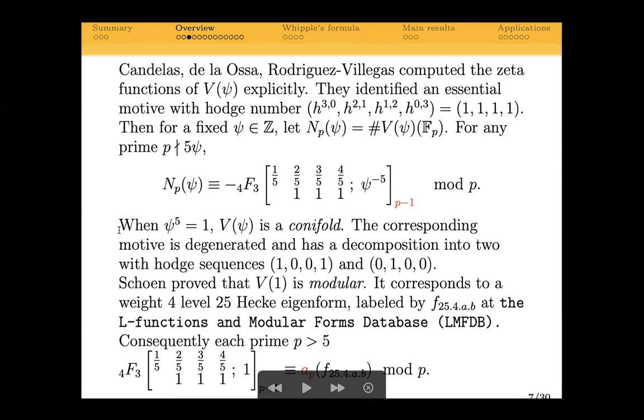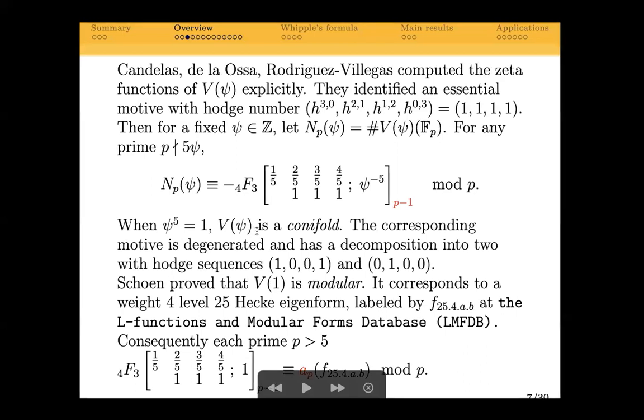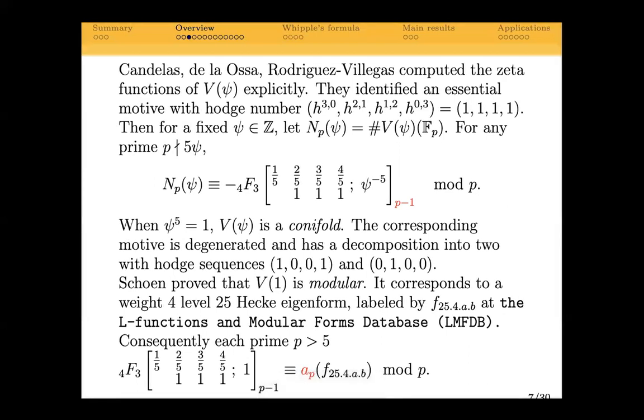In particular, when the fiber satisfies the condition that psi to the 5th power is 1, then the corresponding fiber is a singular fiber, what they call a quintic. For the quintic family, it has 125 ordinary double points. And generically, the motif is 4-dimensional with this Hodge sequence.